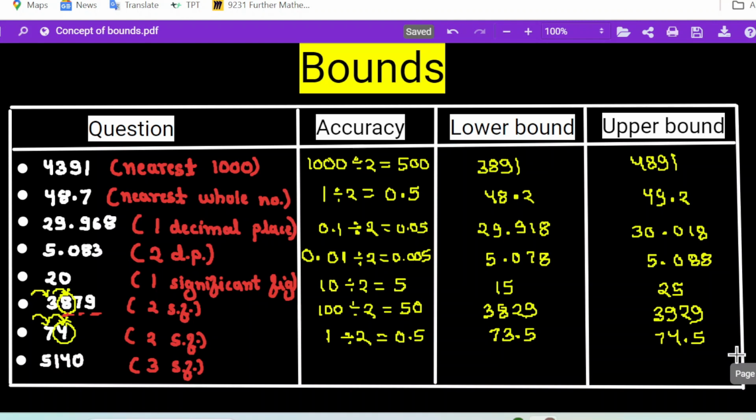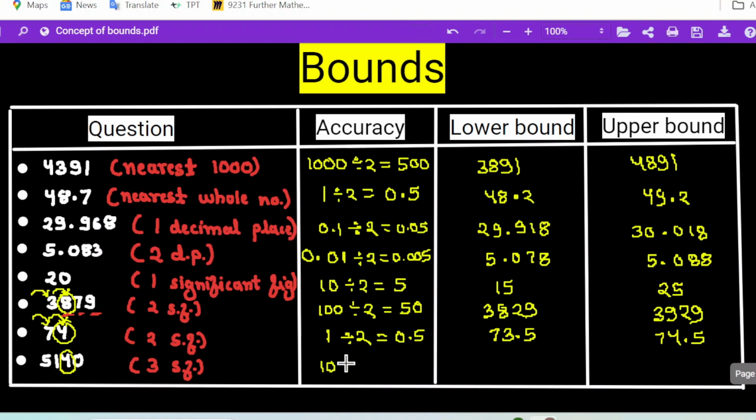These are all the kinds of possibilities you can get to see in your question, right? So try the next one, three significant figures. I'm pretty sure you all can do that. Try it first and then check your answer. Three significant figures. This is the first, second, third. This is the third significant figure right there. Now it is at the 10th position.